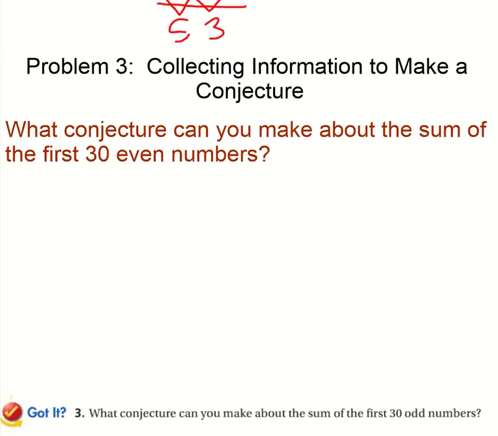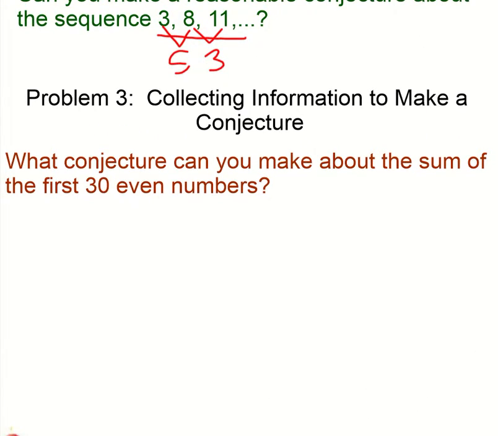And so a lot of times we need to start collecting some information to make a conjecture. So if you're going to make a conjecture about the sum of the first 30 even numbers, we're going to start off and just start to write down some of these. If we're dealing with our first term, that's just going to be a 2. 2 plus itself is 2.